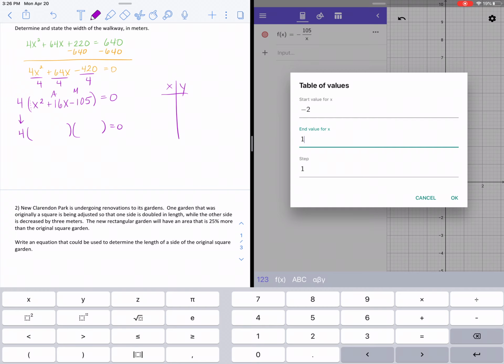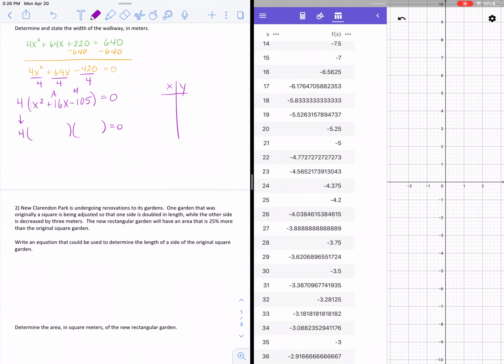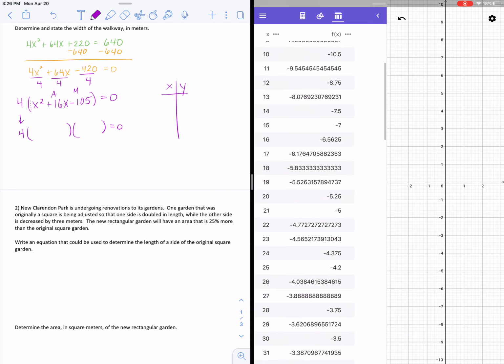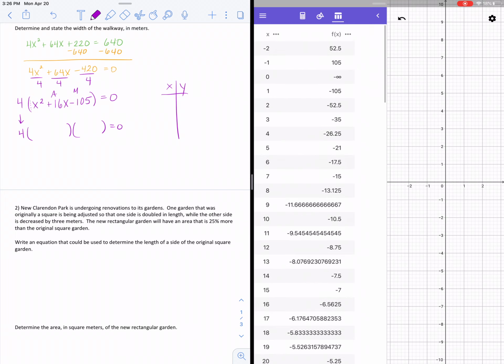I'll go to 100 and look at the integer factors. So I see 1 times negative 105, 3 times negative 35. I see that it's adding to positive 16 actually, so I'm going to keep the bigger numbers positive and make the smaller numbers negative.